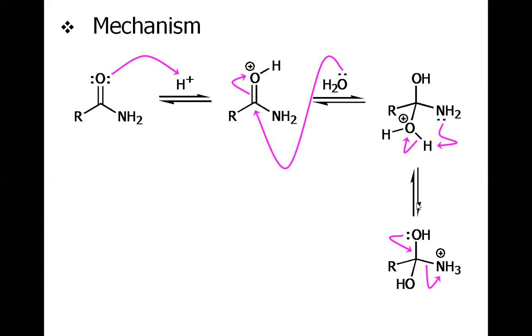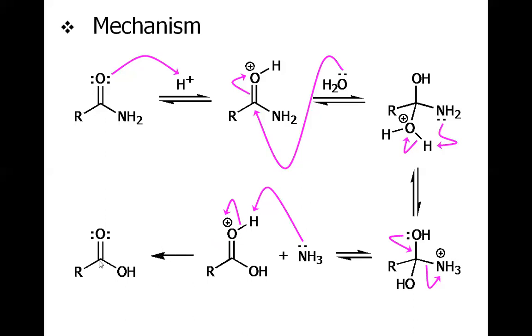So once it has become a good leaving group, that is NH3 positive, it will leave as ammonia gas, and we are just one step short of our product. This ammonia that has just been formed deprotonates this protonated carboxylic acid to afford the final product, which is the carboxylic acid.